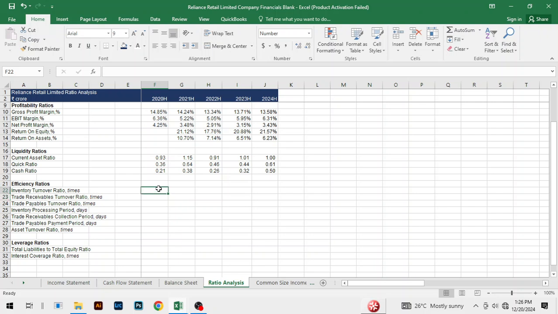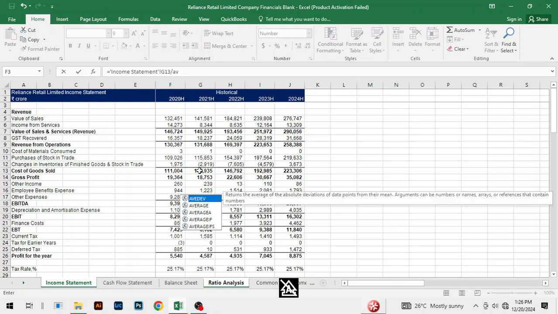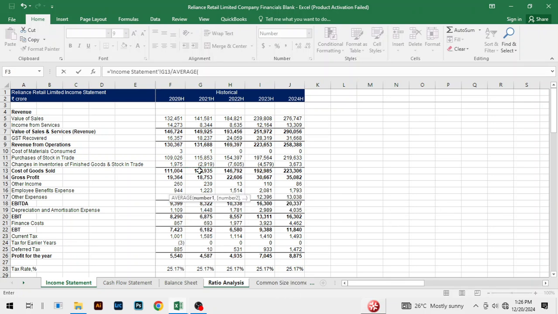So to compute the inventory turnover ratio, we say cost of goods sold divided by average inventory. Okay, so here we'll initiate the formula in 2021, and then we go to the income statement, we pick the cost of goods sold here, and then we use the average formula.